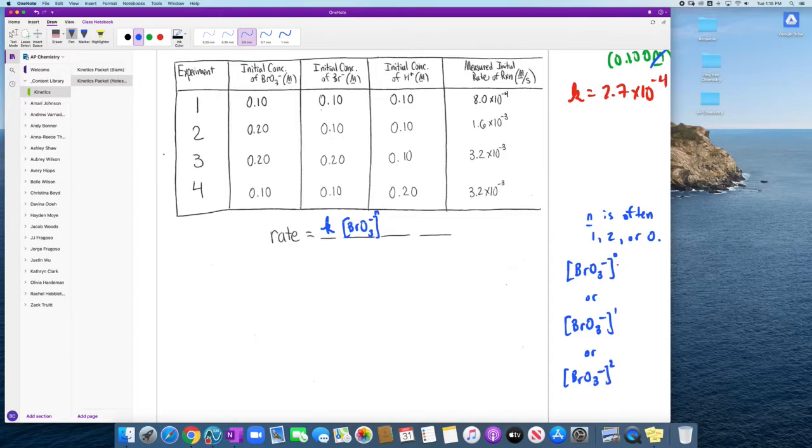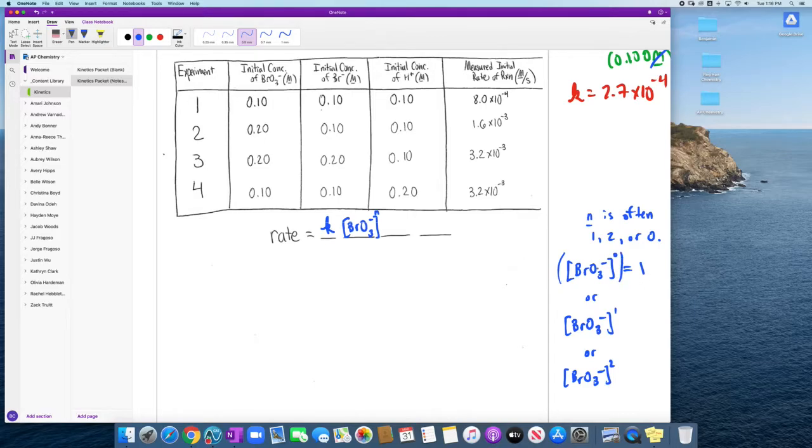If it's 0 order, if you think about concentration, some number in molarity raised to the 0 power, whatever that number happens to be, when you raise it to the 0 power, that quantity equals 1.